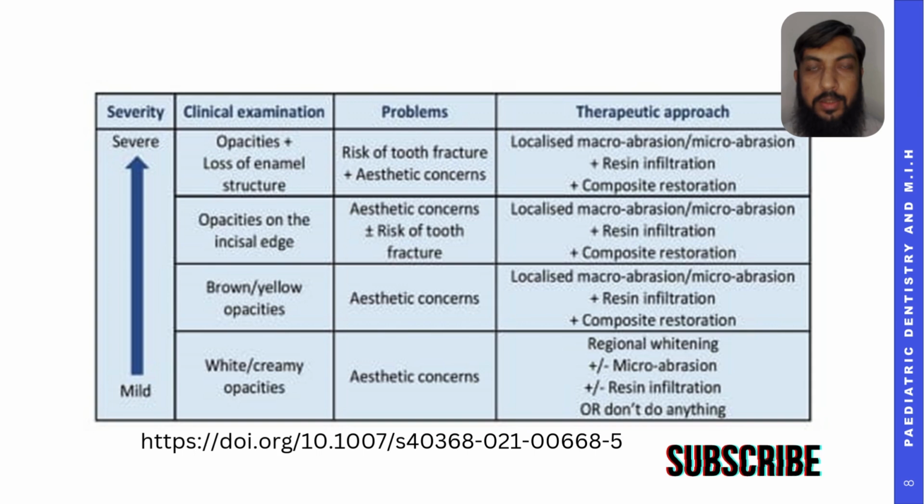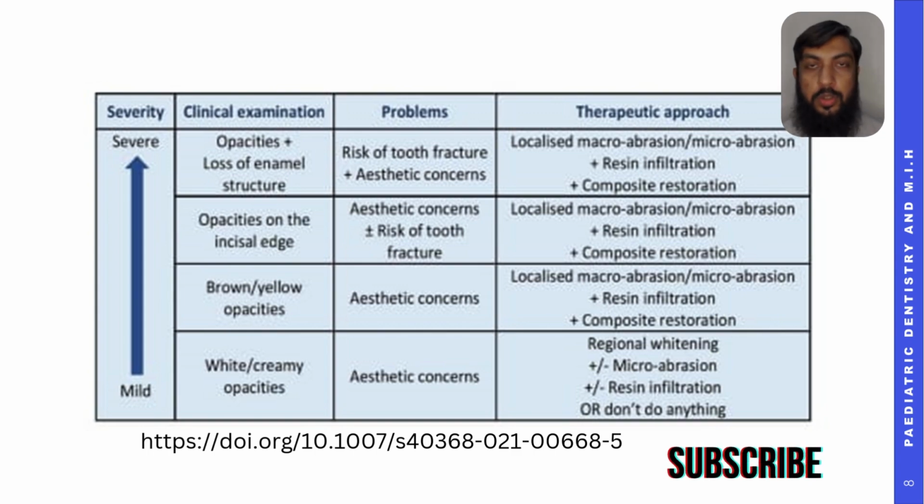The severest form is incisal edge opacities and breakdown of the tooth. As you can see, the management according to this is commonly localized microabrasion, localized composites, and tooth mousse, casein phosphopeptide-amorphous calcium phosphate, and the like.